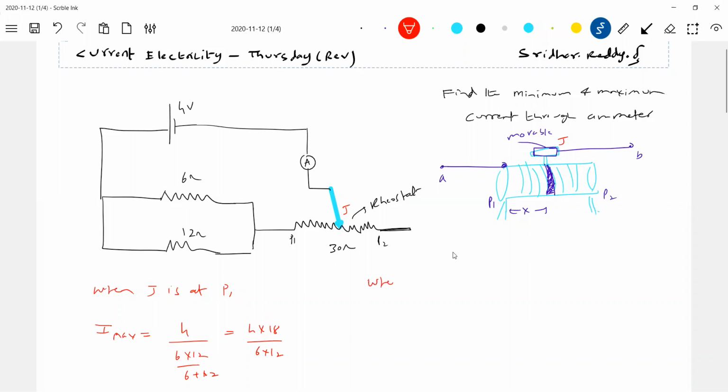Then when J is at P2, I minimum will be 4 by, these two will be as usual in parallel, and the rheostat resistance will get added up, 30. That will be the minimum current. So by varying this position, you can control the current through this branch. That's the main purpose of the rheostat.